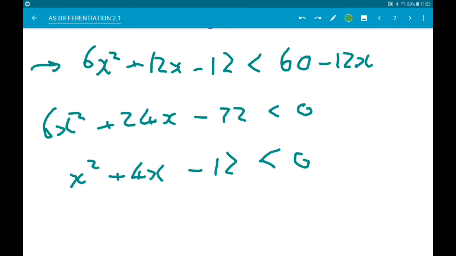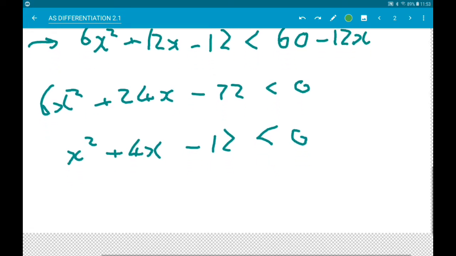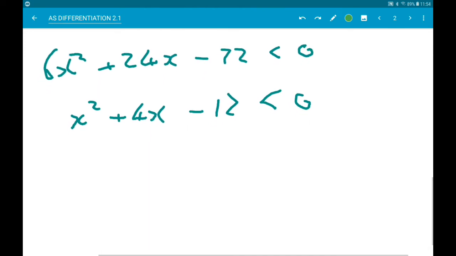Okay, now to solve a quadratic inequality, really we need the graph. So here we are interested in the part of the graph below the x-axis. To get the graph we need the roots of the equation, so the left hand side equal to 0.